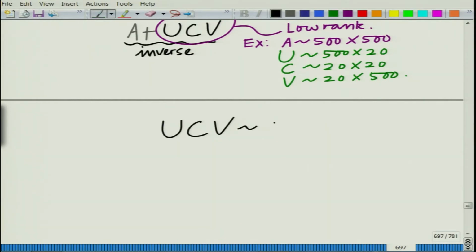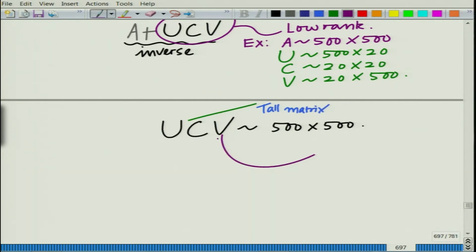Okay. Now what you can see is the size of UCV is 500 cross 500, but because U is of size 500 cross 20, it is a tall matrix, while V is a flat matrix.